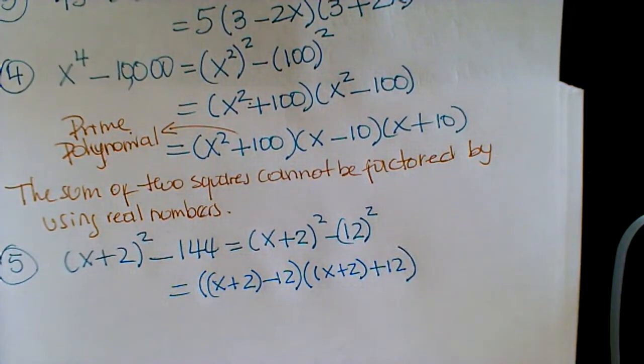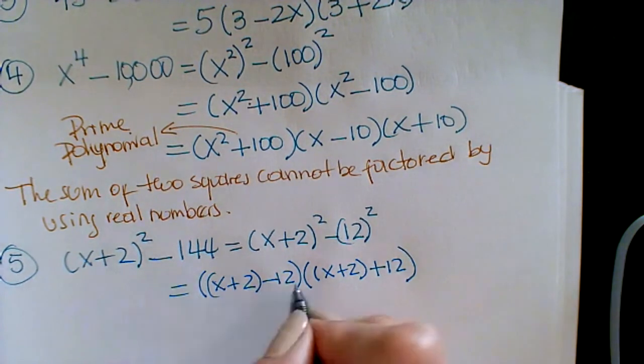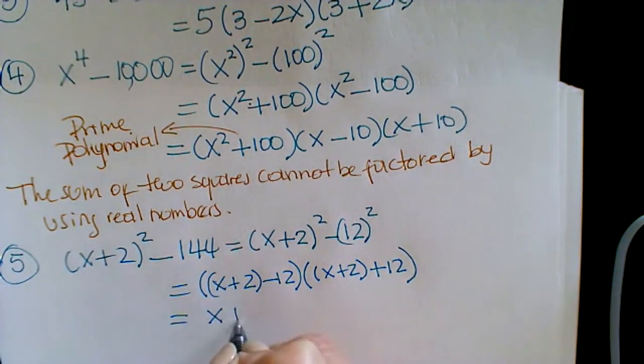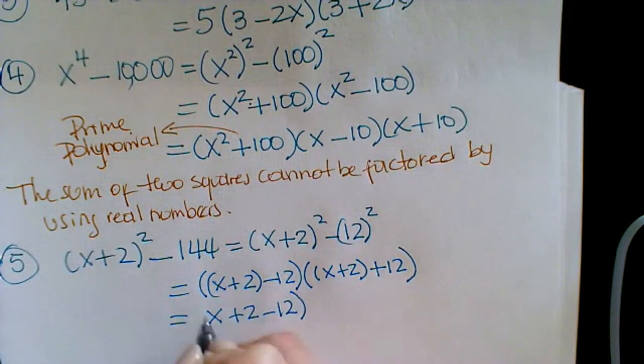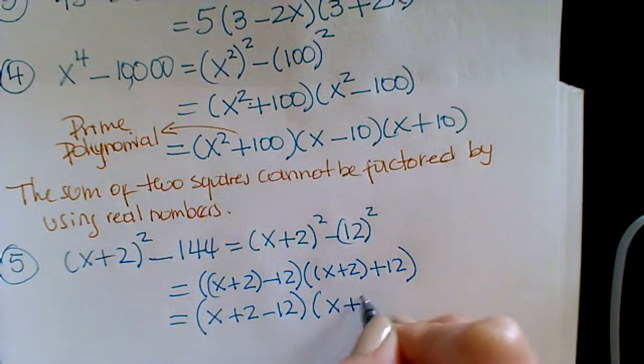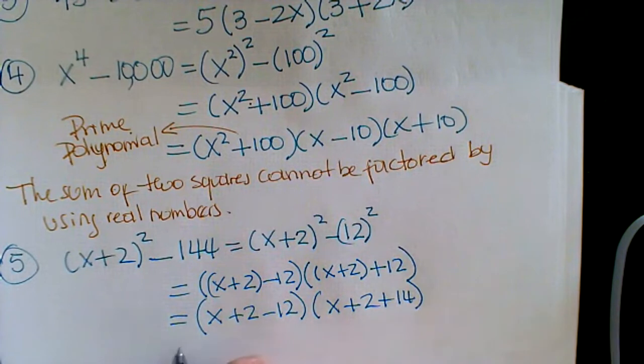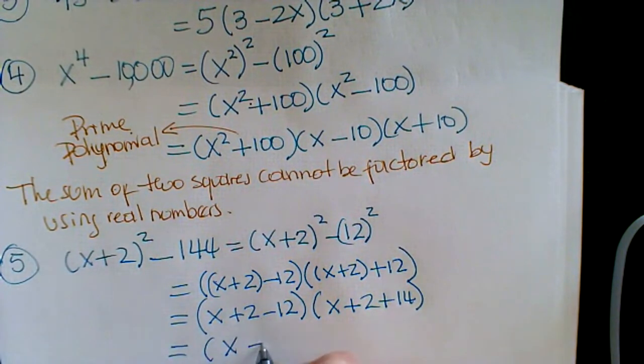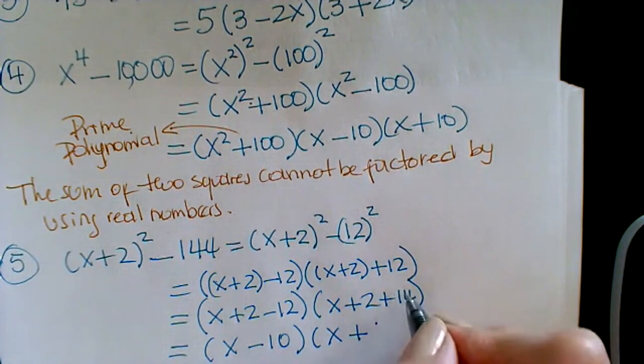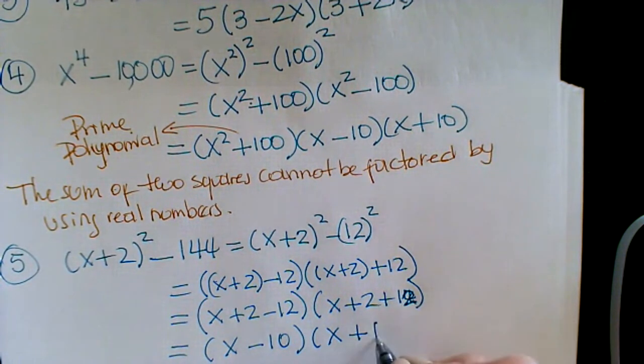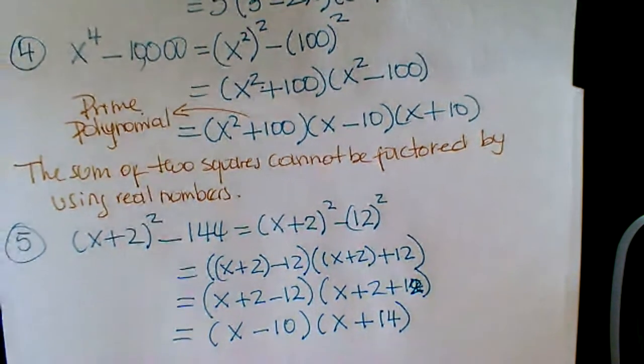Right? And if I take this parenthesis out, what do I have? x plus 2 minus 12. And over here is x plus 2 plus 12. So this is equal to x minus 10 and x plus 14. Okay?